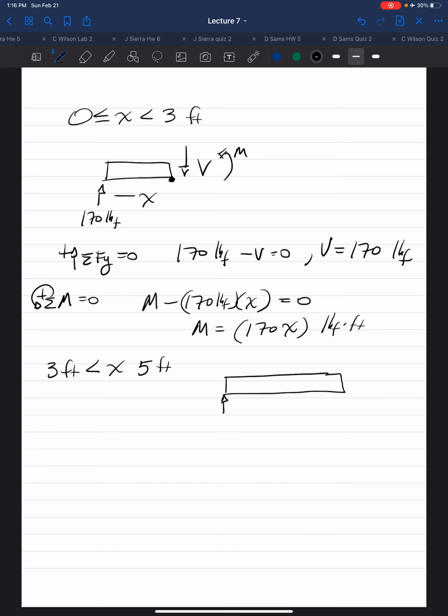Taking into account our support reaction, 170-pound force. We have an 800-pound force here. This distance is 3 feet.